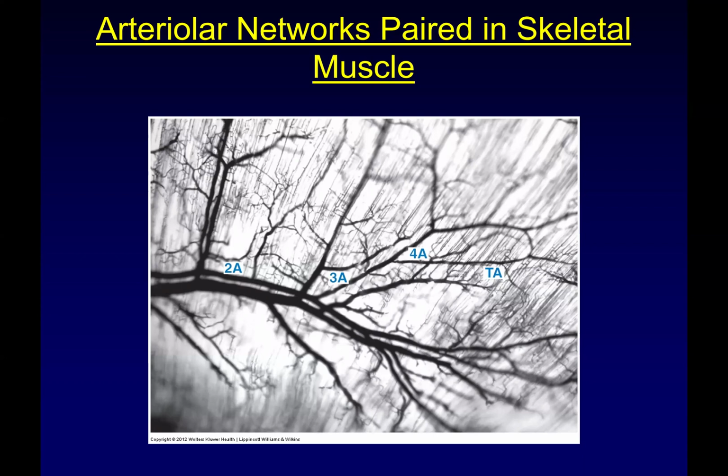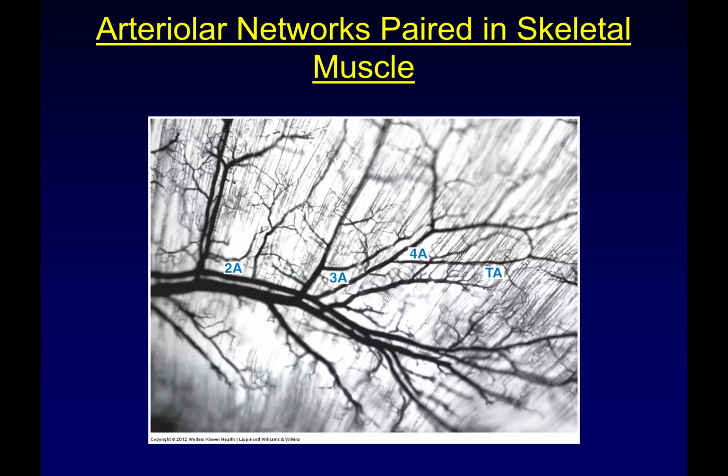So you've got a primary arteriole, and you get secondary ones that come off at roughly a right angle, and then the tertiary, third order arterioles branch off of the second, and so on and so forth. And so you end up with what we call an arteriolar tree. It looks like the branches of a tree, and they spread all the way out to what are called terminal arterioles, which then lead into the capillaries.